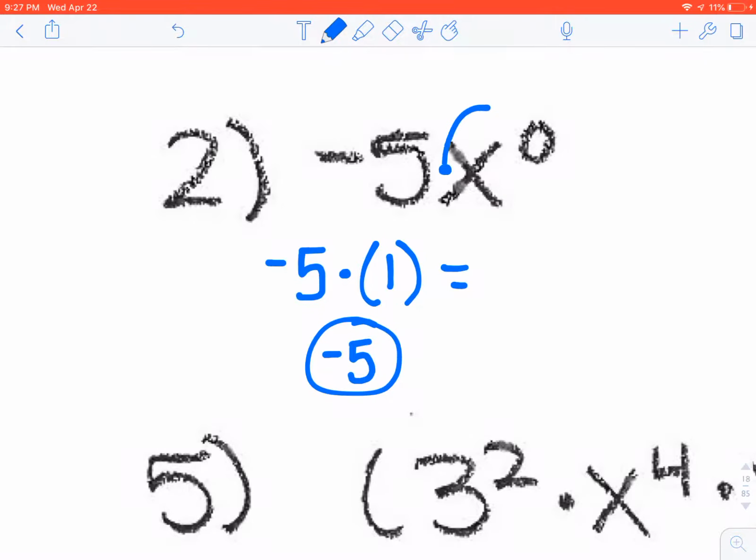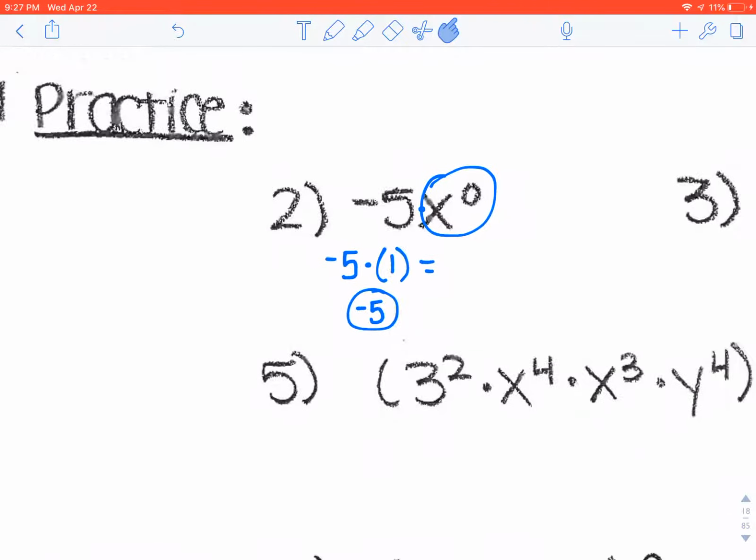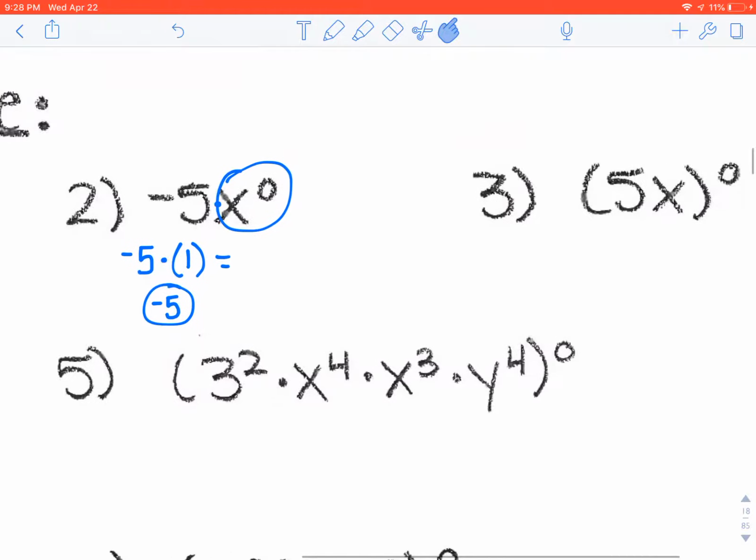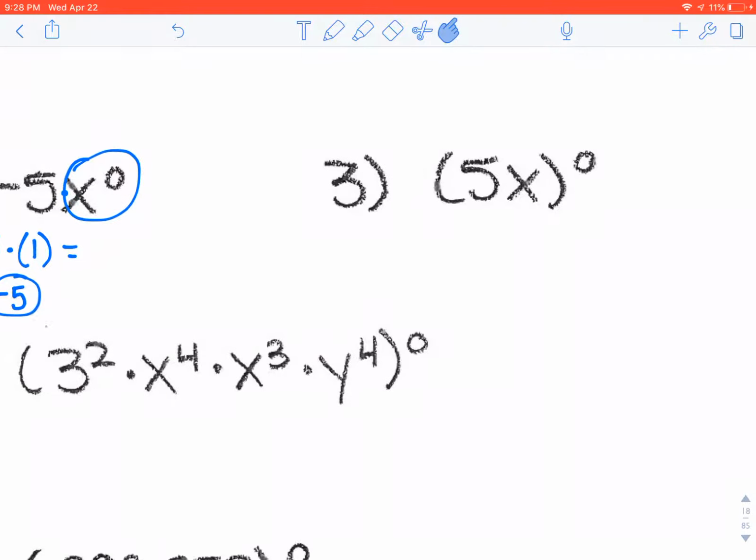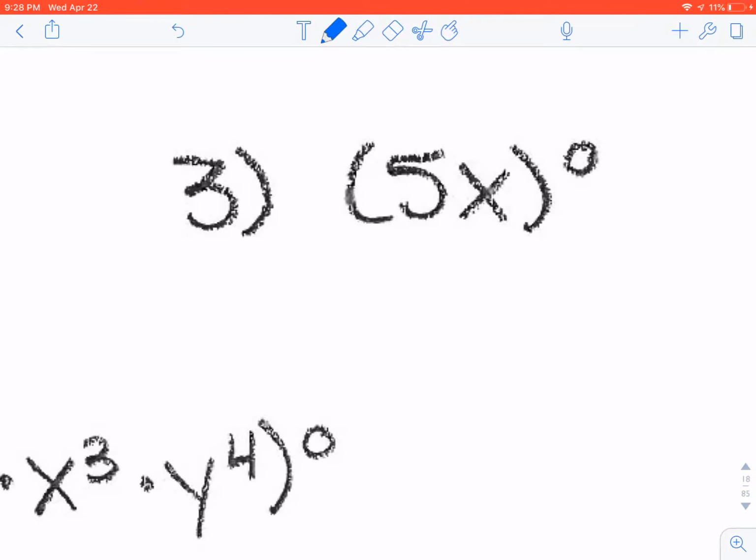So again, just x to the 0, just the term raised to the 0 power turns to 1. Number 3, similar to the problems above. That entire 5x is in parentheses. So because that entire term is raised to 0, the entire answer turns to 1.